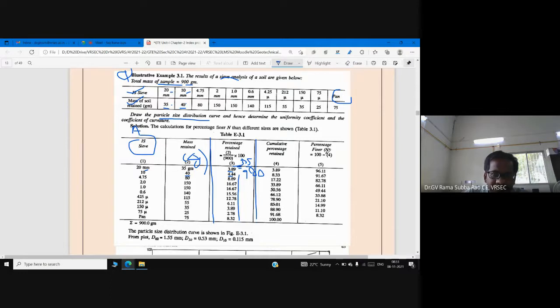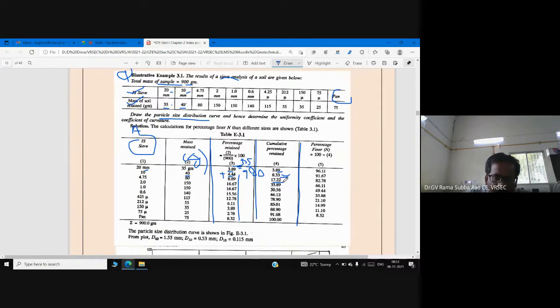Now the next column is cumulative percentage retained. I will explain. At the first sieve it is 3.89. When it comes to the second sieve, it is 8.33. Someone wants to know how we got 8.33. It is the sum of 3.89 plus 4.44, which gives 8.33. Now let us move to the third one.